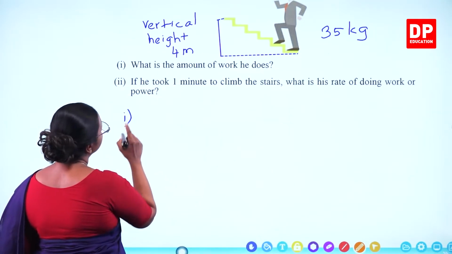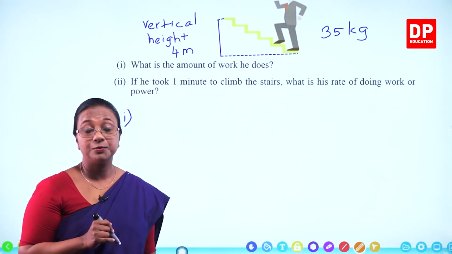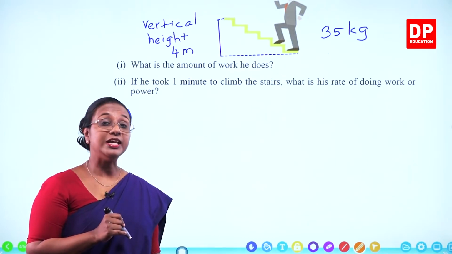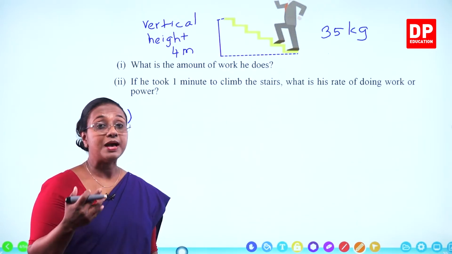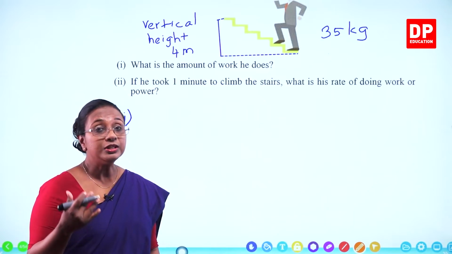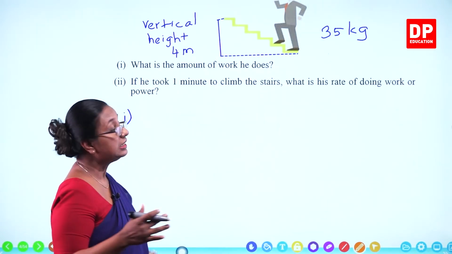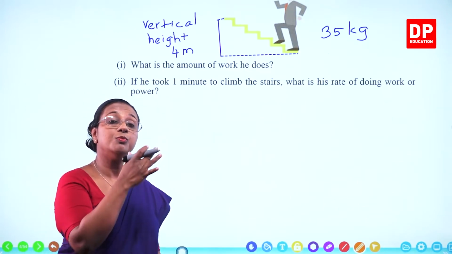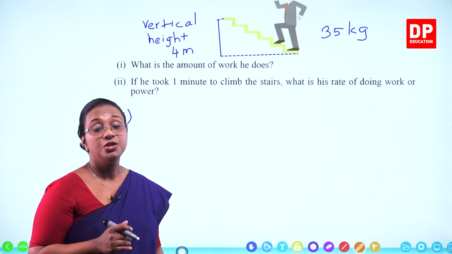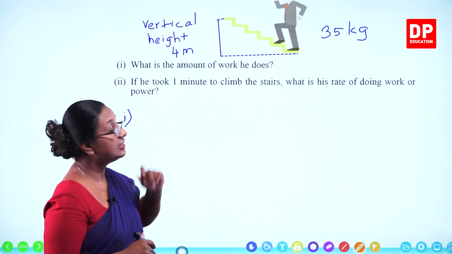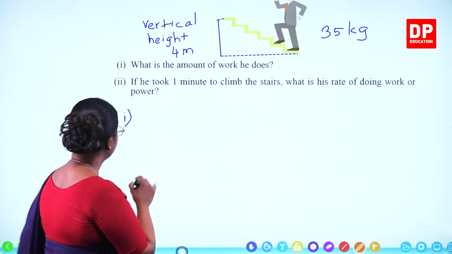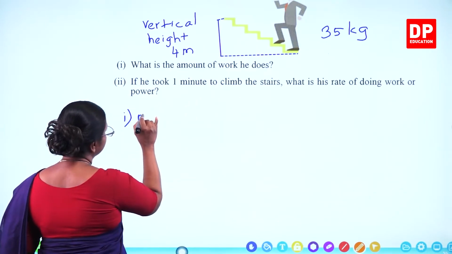First one, to calculate work done. What are the values you need? Work done is magnitude of force into the distance moved in the direction of the force. So here the child is going to move against the gravity. So the work done is going to be the weight of the child. So that is what we need to find first.